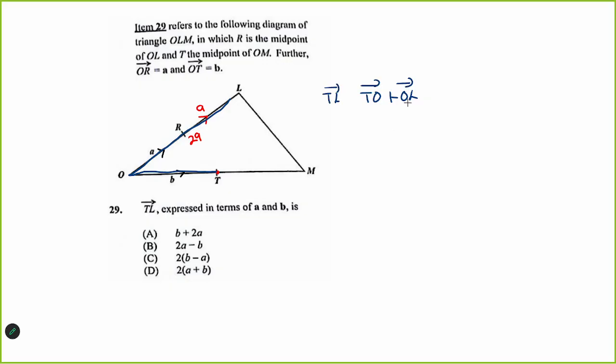What we do know is that OL is 2A, but we know O to T is B, right? But instead of O to T, we are going in the direction of T to O, which is the opposite direction. So therefore, this is going to be negative B. So this would be negative B plus 2A, which can be arranged as 2A minus B. So the answer would be B for number 29.